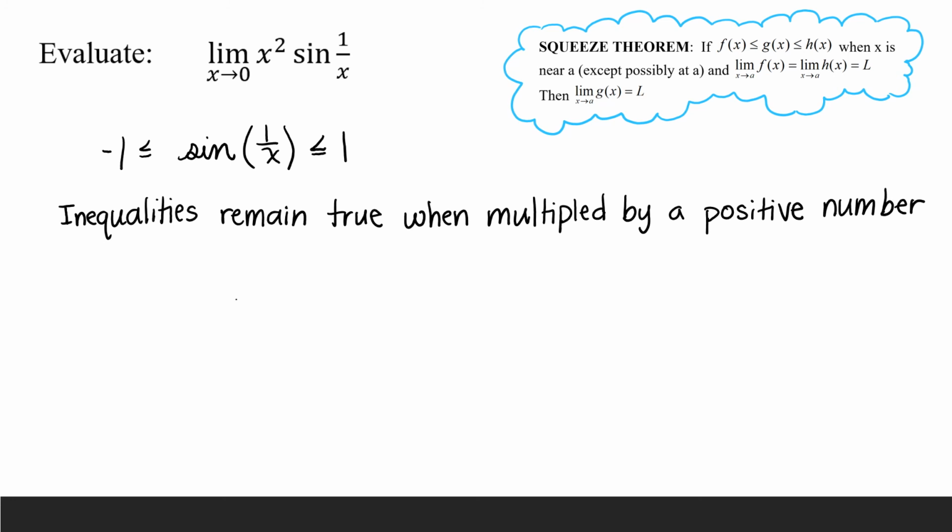And luckily, x squared is going to be greater than or equal to 0, so positive enough, for all real numbers. This means that we can multiply each part of this inequality by x squared.